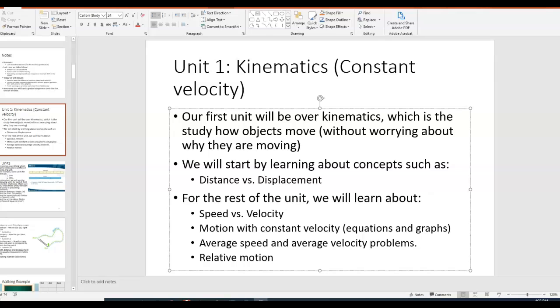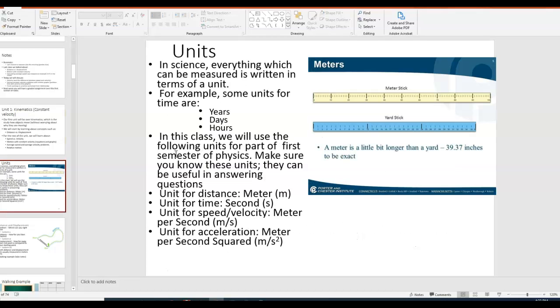So before we get into distance and displacement, I do want to talk really quickly about units. Now, there's lots of different units for lots of different measurements. Just to give you an example, for time, you can measure time in years, days, hours, seconds, and some combination of that.